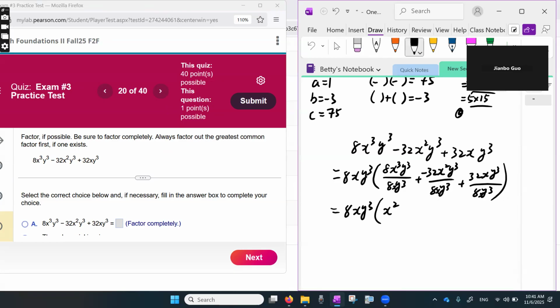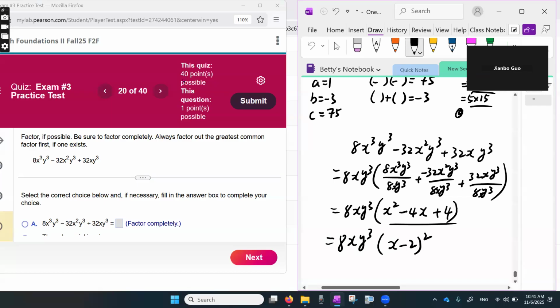Y cubed cancels y cubed. And in the middle term, negative 4. 4 times 8 is 32, right? And x in the numerator, because x squared over x is 1x. Cube cancels cube of y, and this one is 4. X cancels x, y cubed cancels y cubed, so we have just 4. And this trinomial in the parentheses is a perfect square trinomial, x minus 2 to the power of 2. All right, the GCF is 8xy cubed.